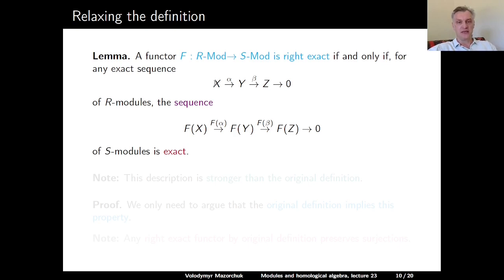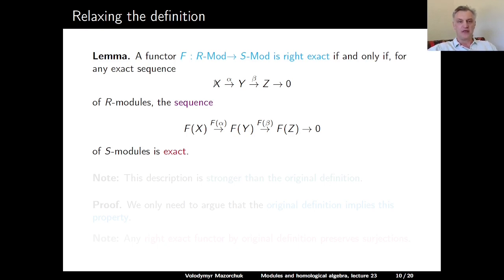So if we have a short right exact sequence, then the induced sequence of S modules of the following form. So we have F of x goes by F of alpha to F of y, then by F of beta to F of z, and then to 0. So this sequence should be exact. So starting from a short right exact sequence, applying the functor, we get a short right exact sequence.